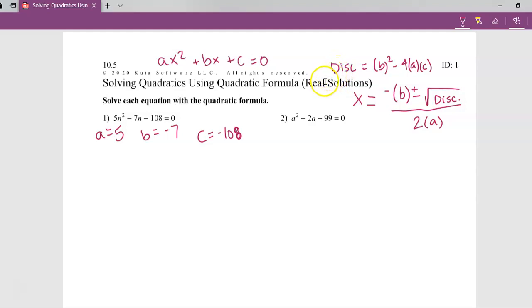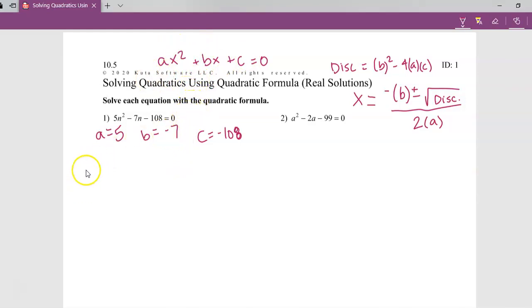Remember, we can only use the square root method if the middle term bx is missing, or if b is 0. We can only factor it if we can find a number that multiplies to a times c and adds to b. So if we can't do either one of those, we can always use the quadratic formula. It will work for any quadratic, so even the ones that we can solve by factoring or square rooting will still work here.